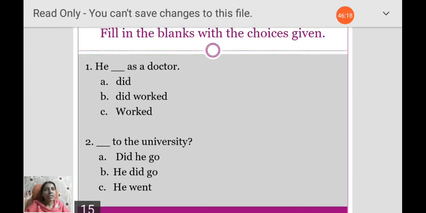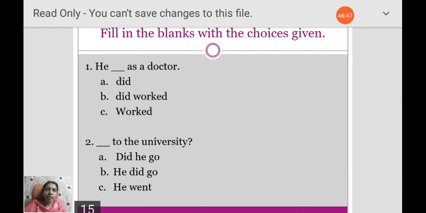Fill in the blanks with the choices given. You can easily fill. He worked as a doctor. Note down the correct answer. That's enough. So what are the answers for these?